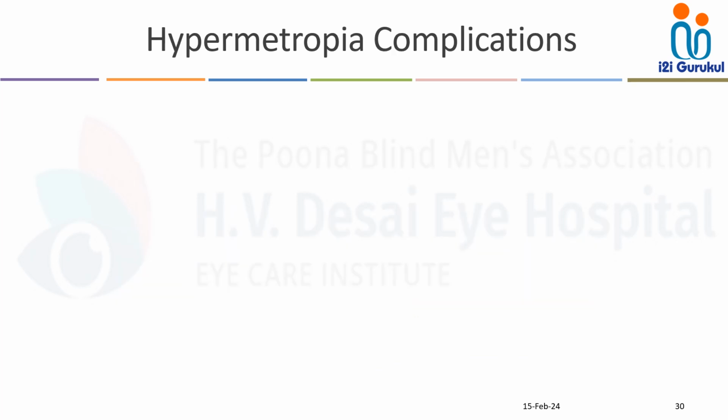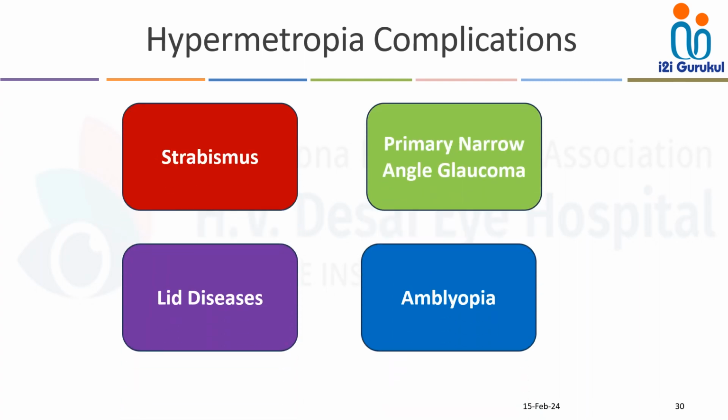So moving towards the complications of the hypermetropia, you may see strabismus, primary narrow angle glaucoma, lid diseases and amblyopia. These are the main complications seen in many patients with the hypermetropic condition.